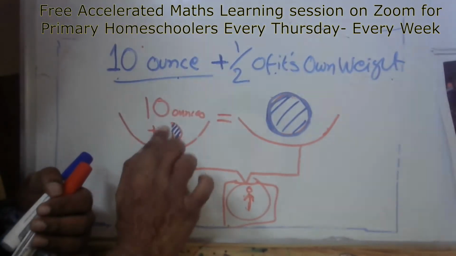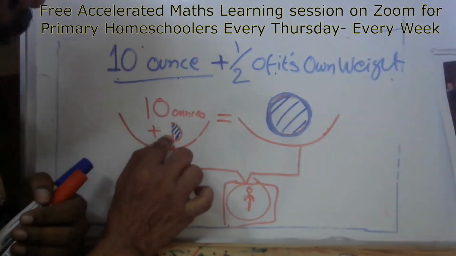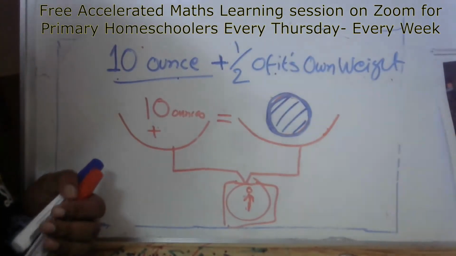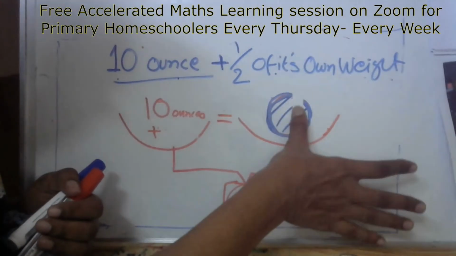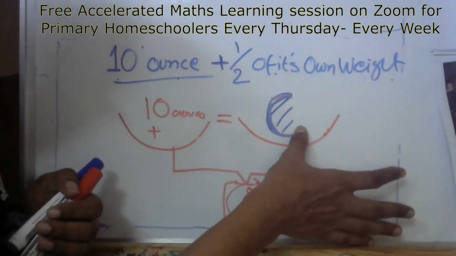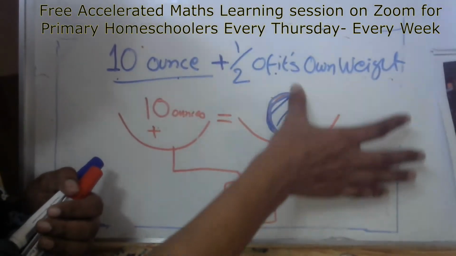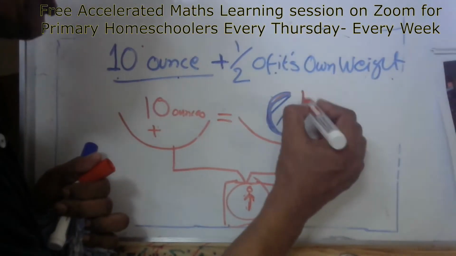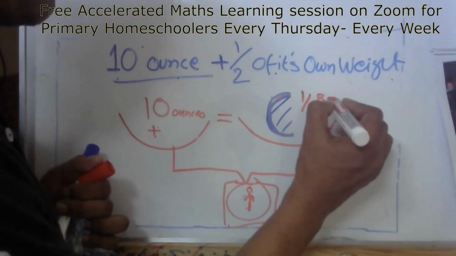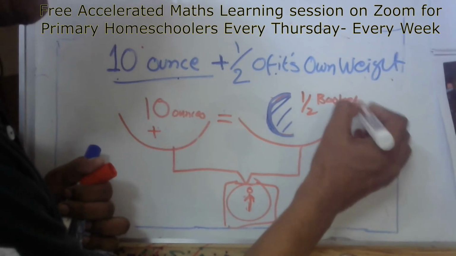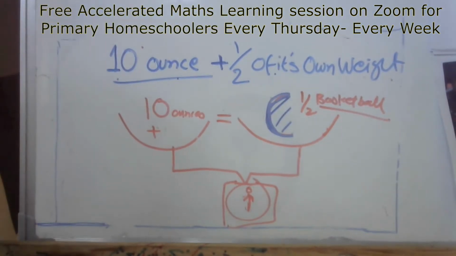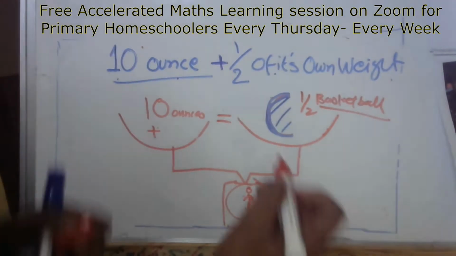So imagine we have this half basketball, we take it out from here, so I have to take half also from here. So what remains is half the basketball on your right, half basketball. I understand half basketball is of no use to anybody, but in mathematics we can play like that.